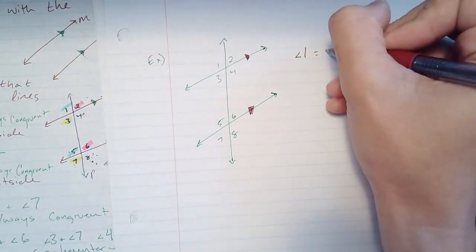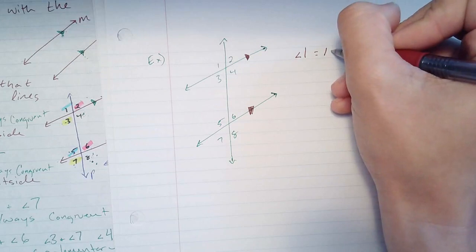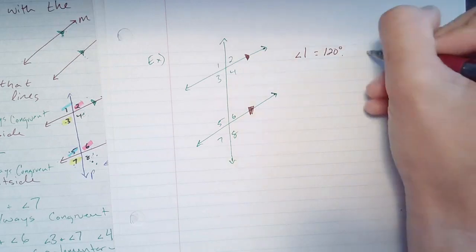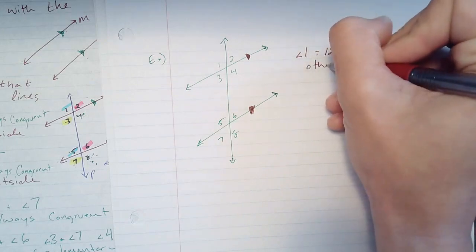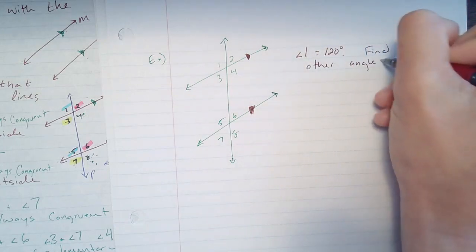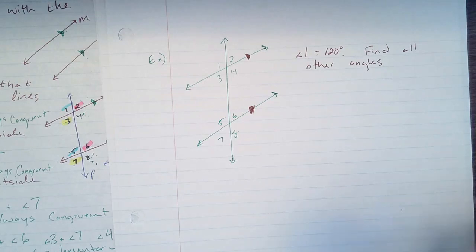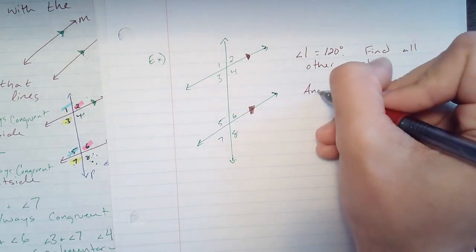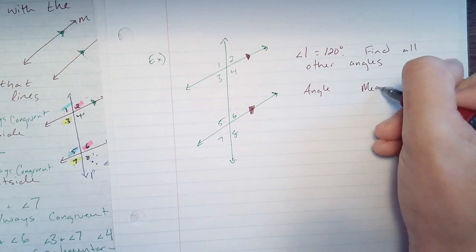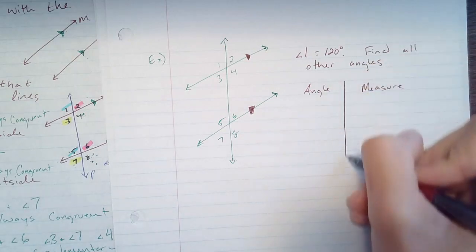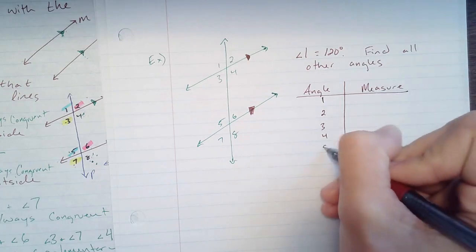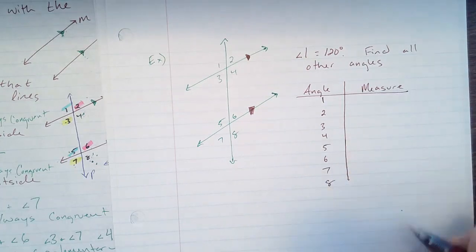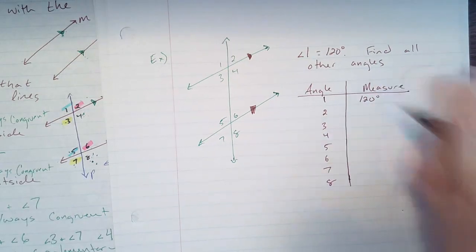So one easy thing to do is make a chart so we can keep up with everything that we know. So we know that angle 1 is 120 degrees. Okay, when we're looking at this example, I'm going to highlight everything that's congruent to angle 1 in pink.